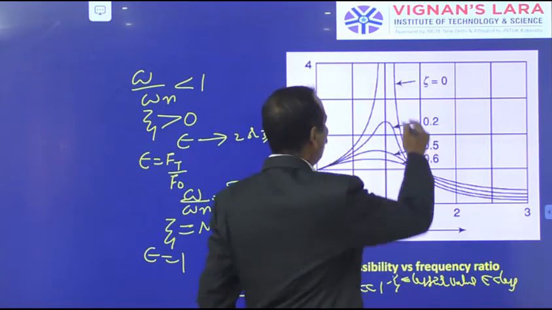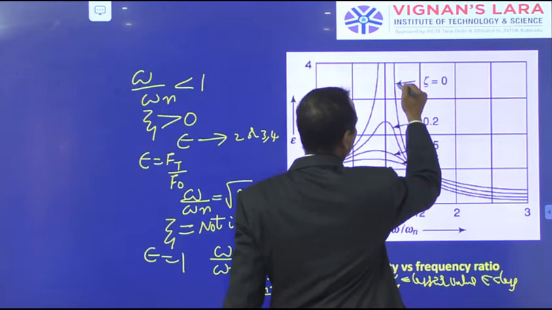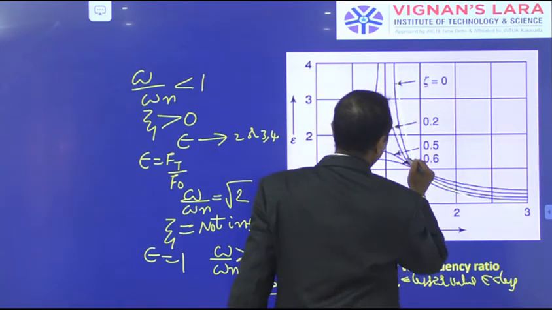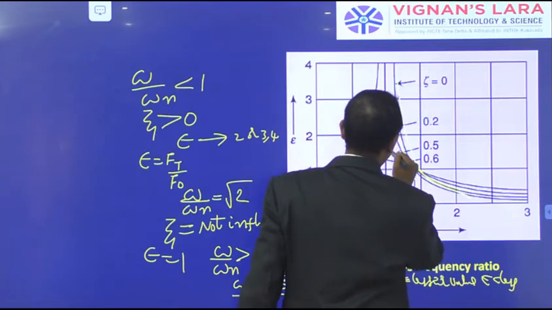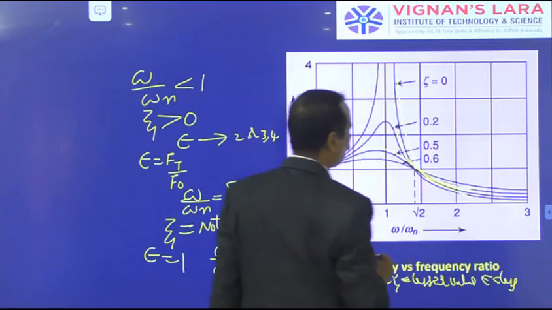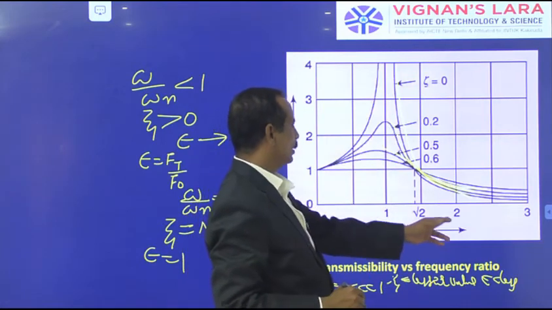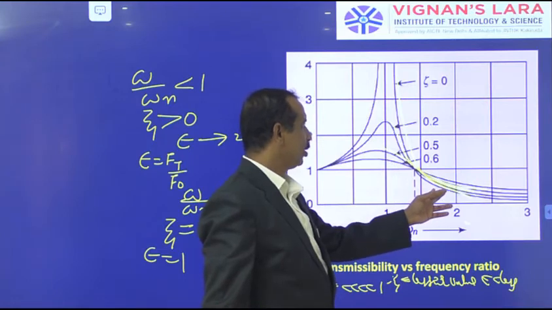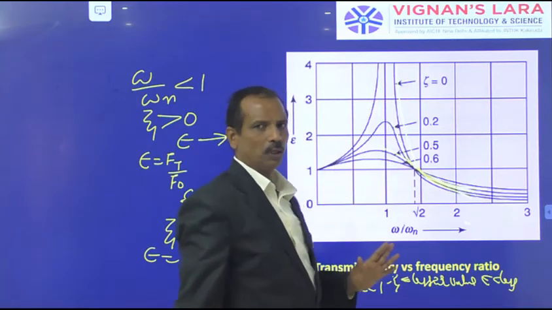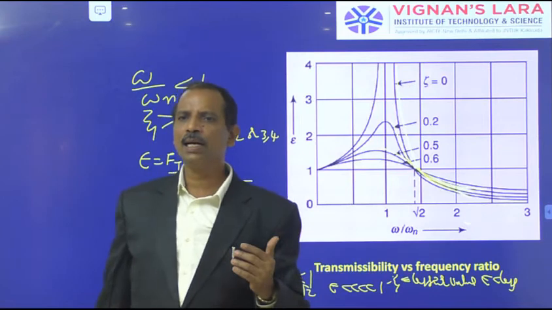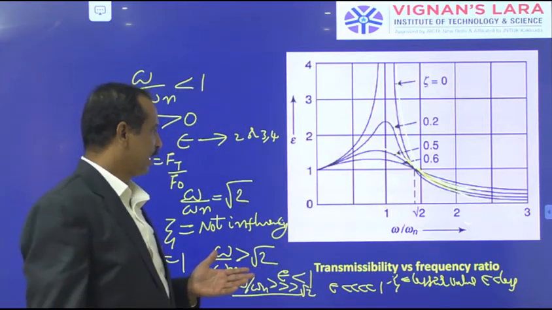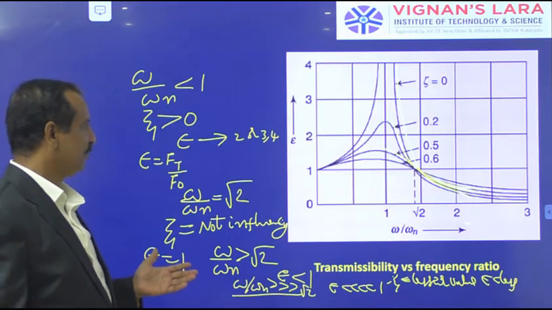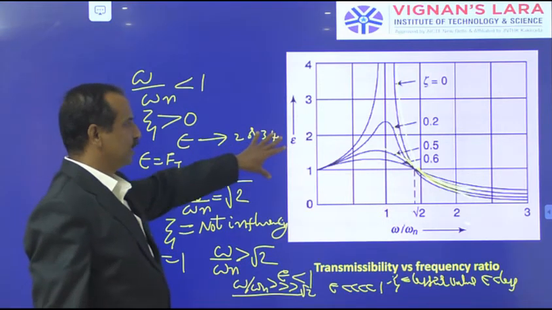You can see the curve, how it goes. The curves are moving in this fashion. So as omega by omega n increases more and more, for a lower value of zeta, epsilon will be lower. That means at a higher external frequency compared to the natural frequency, with an even lesser zeta value, you have a benefit for the system.